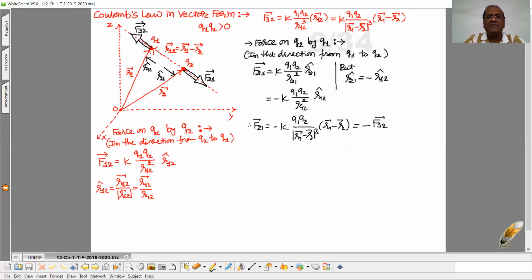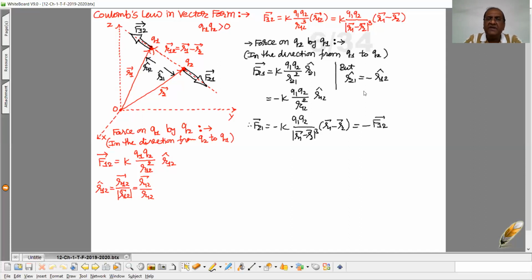Now suppose we think about force on q2 by q1. That will be in the direction from q1 to q2 because q1 is repelling q2. So we can write force on 2 by 1 equal to k q1 q2 upon r21 squared into r21 cap. r21 cap is the unit vector in the direction of this force.